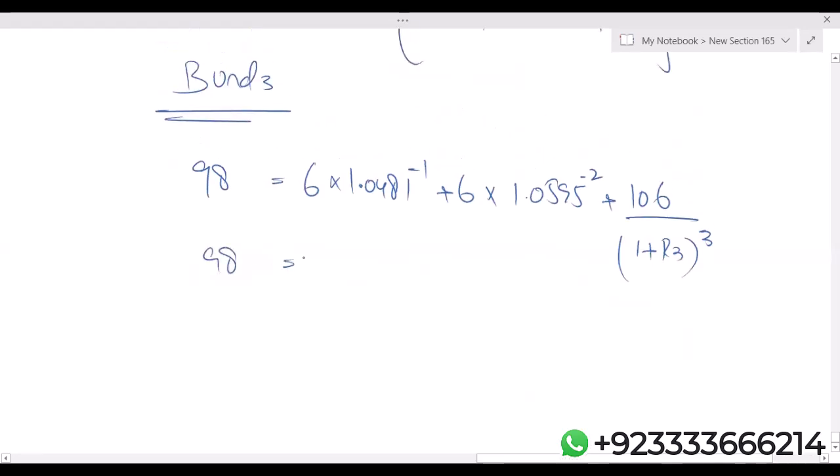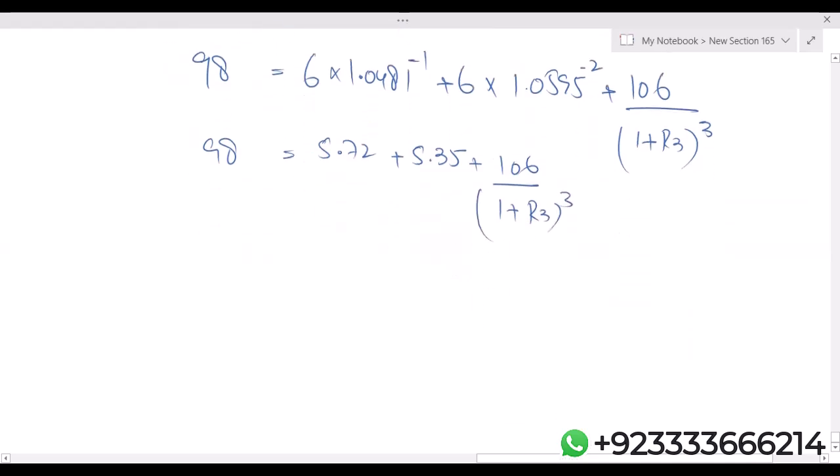98. The present value of first year is 5.72. Second year present value is 5.35. Now, what will be the formula? So actually 98 minus first year present value minus second year present value.